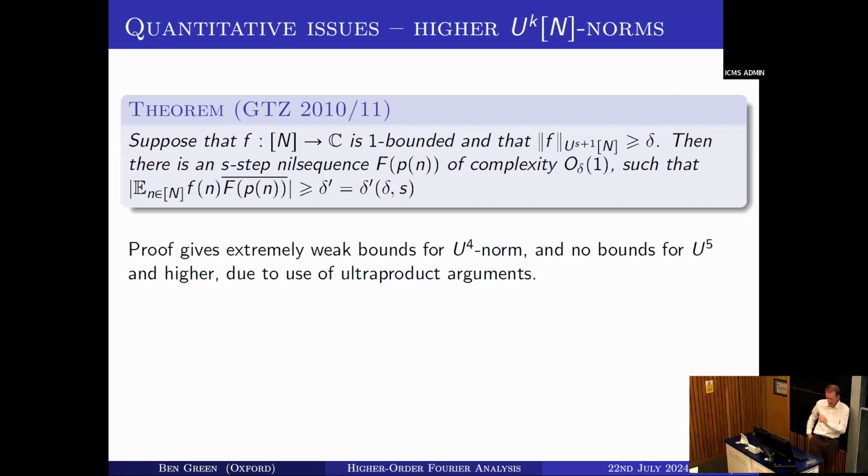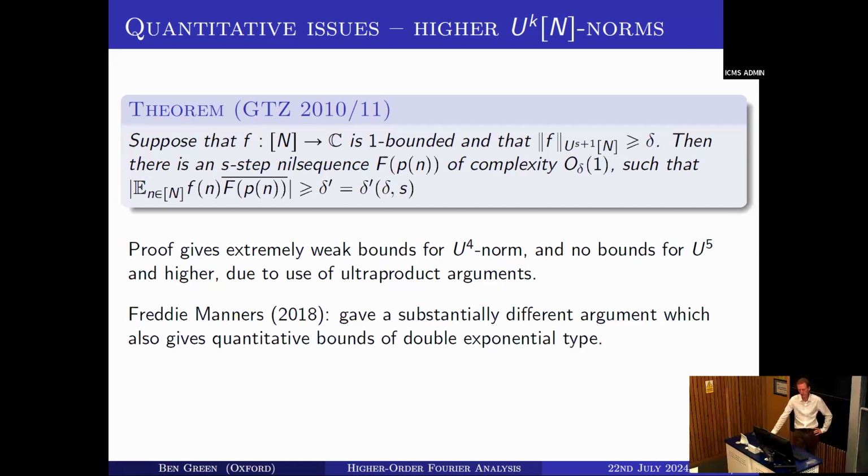So really, this is a purely qualitative theorem. And as such, it's useless for giving new bounds on Szemerédi's theorem or for getting explicit error terms or anything like that in understanding the primes. But then Freddie gave a substantially different argument, really quite different from first principles, which does give a quantitative bound, and his bound is a sort of double exponential.